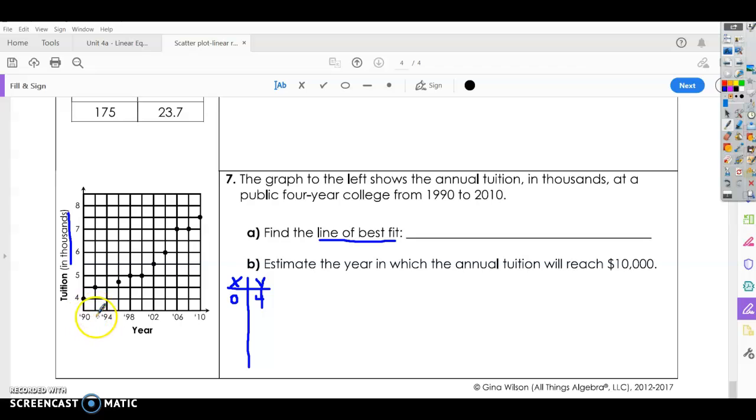So if this is 90 and this is 94, that means this is 92. So that would be 2 years past 1990. And 2 correlates with halfway between 4 and 5, or 4.5. So look at your next point. That's 94 here, and this is 98, so that means this would be 96. 96 is 6 years past year 90, so put a 6 there.